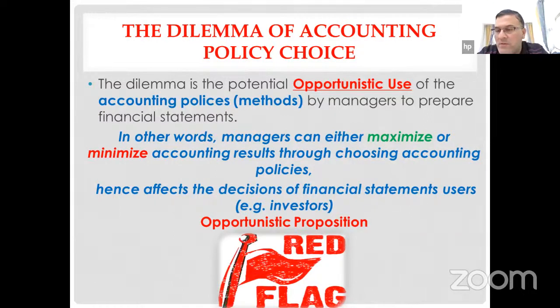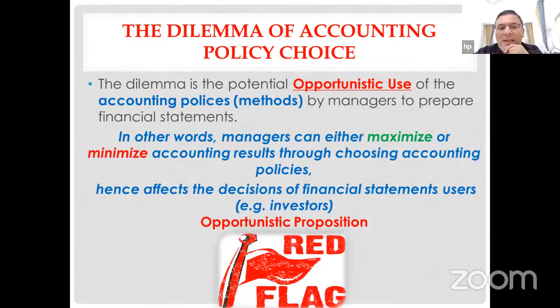And this is clear for you now, because as I explained, each accounting policy or method has its impact on companies' financial statements. Some of these methods have a positive impact, and others have a negative impact on net income.